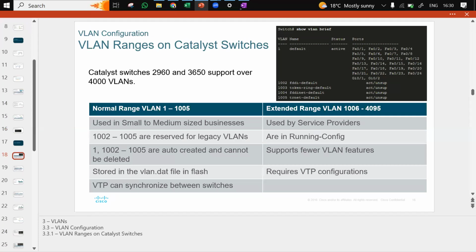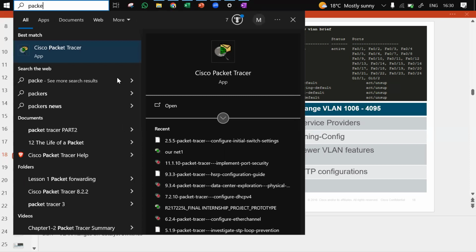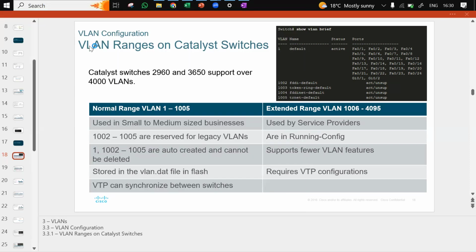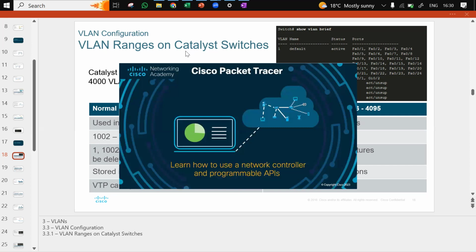So theory-wise, summary: you just have to know what a VLAN is, what the benefits of VLANs are, what types of VLANs we have, what the difference is between the data VLAN and native VLAN, and explain tagging and why information goes to a VLAN untagged. You should be able to explain that if I send a broadcast within a VLAN, every device within that same VLAN is going to receive the message.